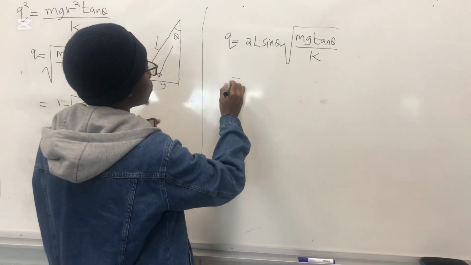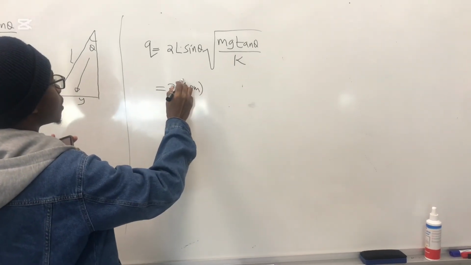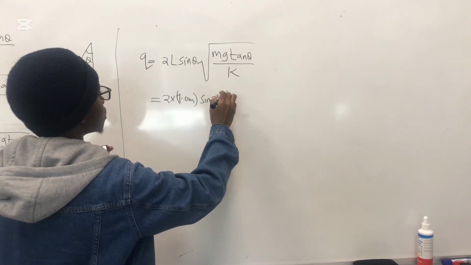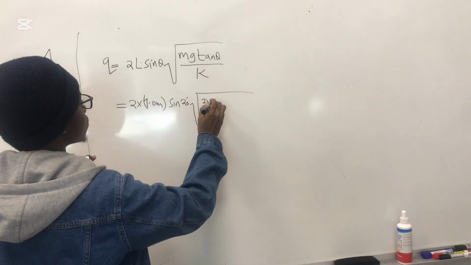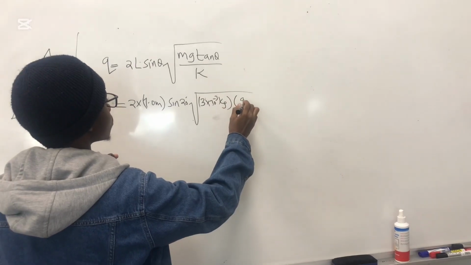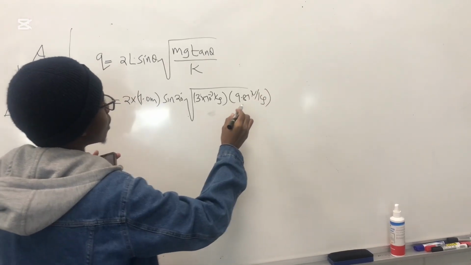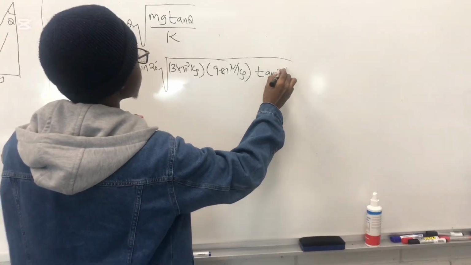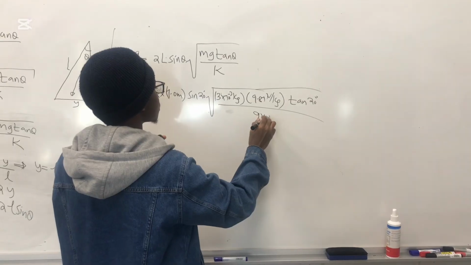It will be equal to 2 times L, L is 1.0 meter, sine of theta, which is 20 degrees, then the square root of m, m is 3 times 10 power negative 3 kilogram, then times g, which is 9.81 Newton per kilogram, then times tan of theta, which is tan of 20 degrees, divided by the value of K, which is 9 times 10 power 9.